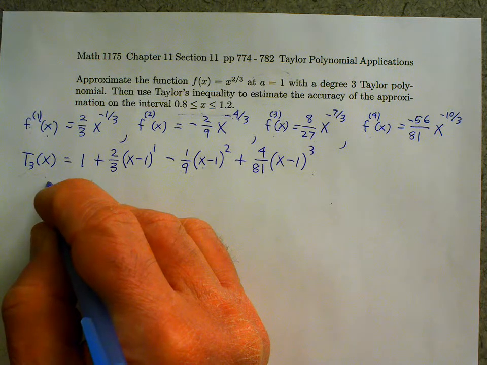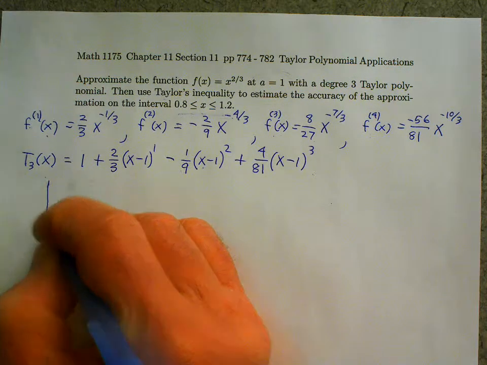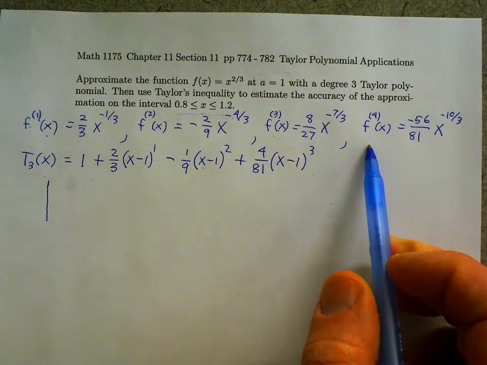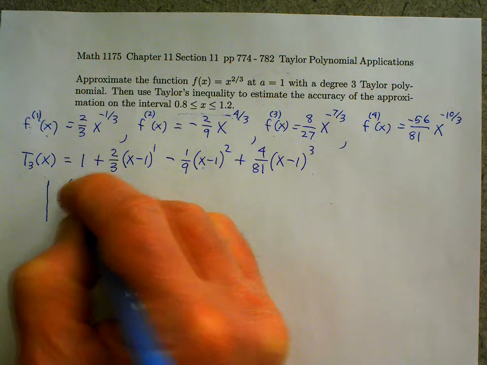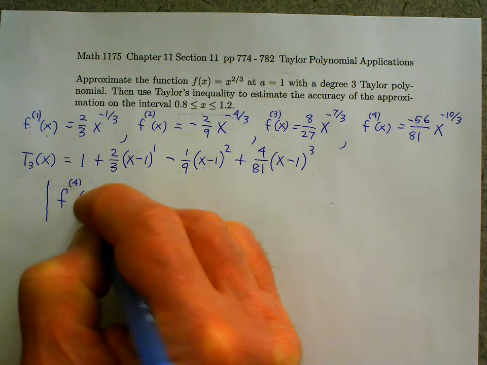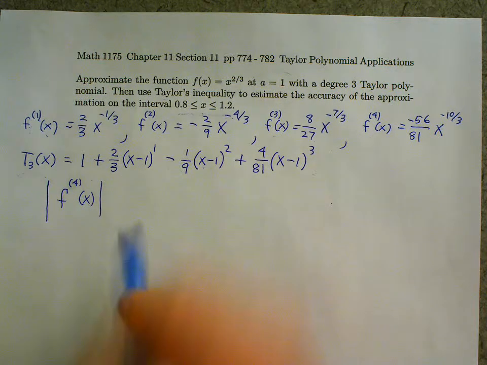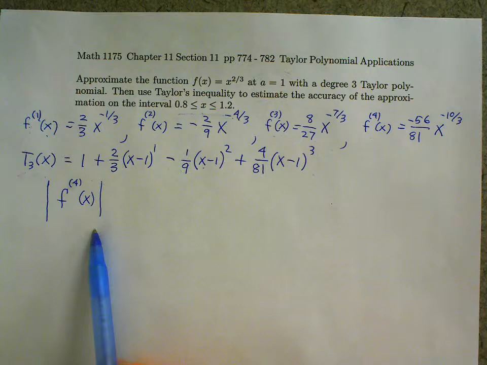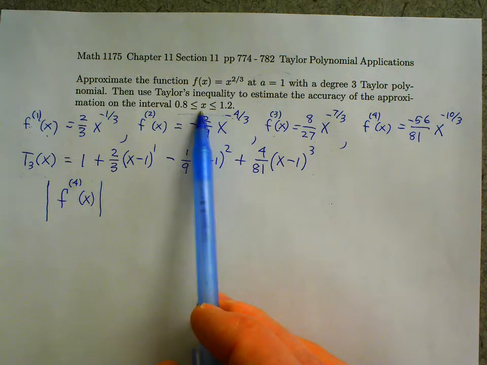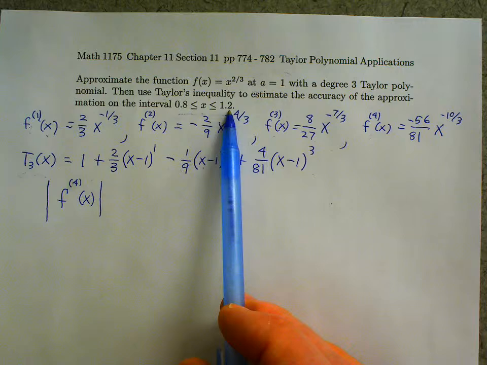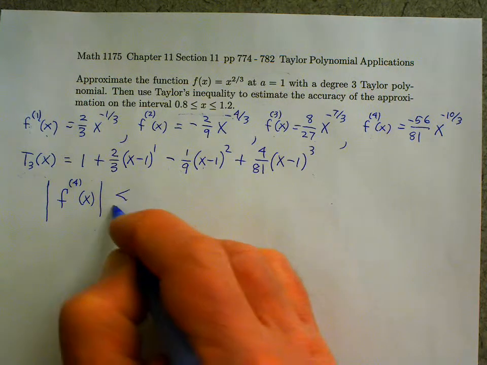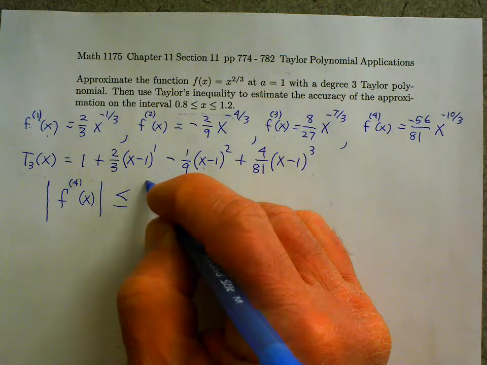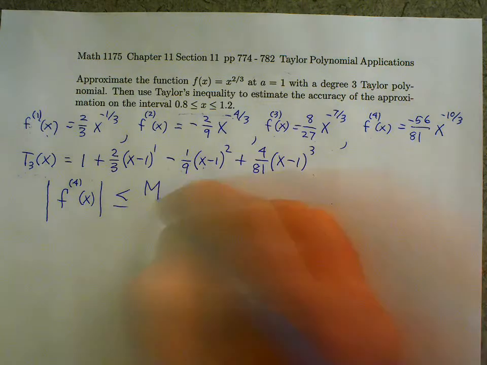So using symbols, when we apply Taylor's inequality, we want the absolute value of the fourth derivative evaluated at x, where x comes from this interval 0.8 less than or equal to x less than or equal to 1.2. We want this to be less than or equal to some number M.